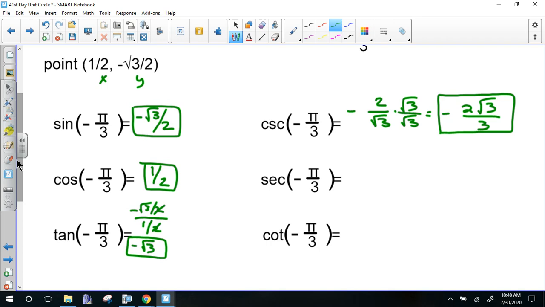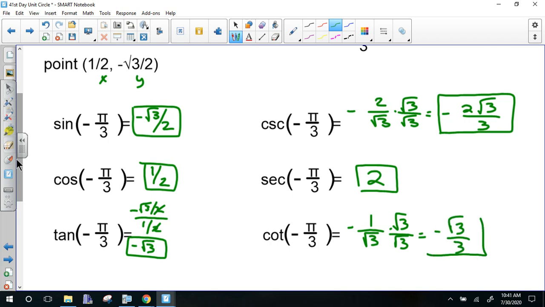This one, if I flip 1/2, I get 2. And this one, if I flip negative root 3, I'll have negative 1 over root 3. And then I got to multiply by the conjugate. And I get negative root 3 over 3. So it helps if you know the unit circle.